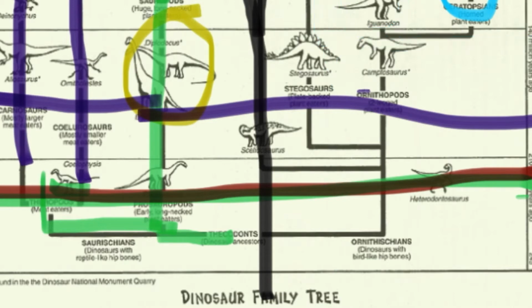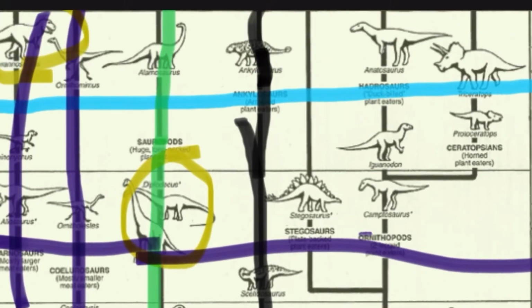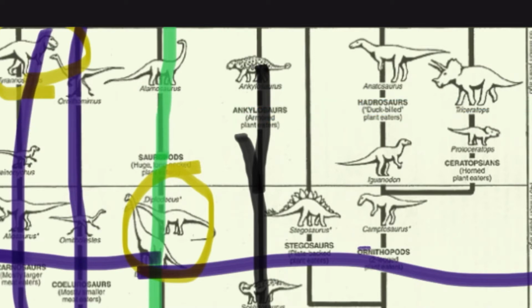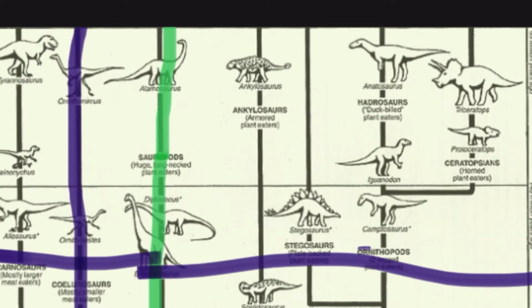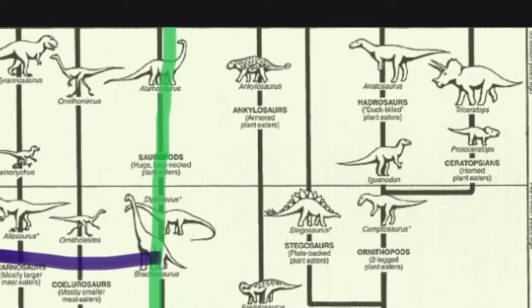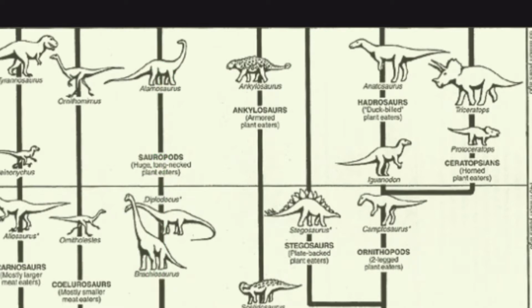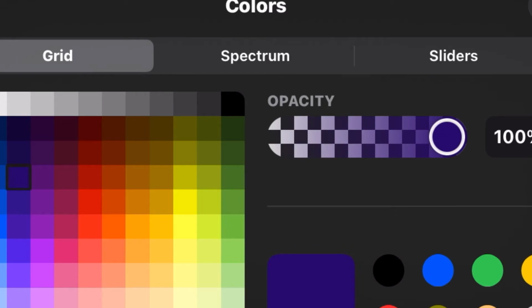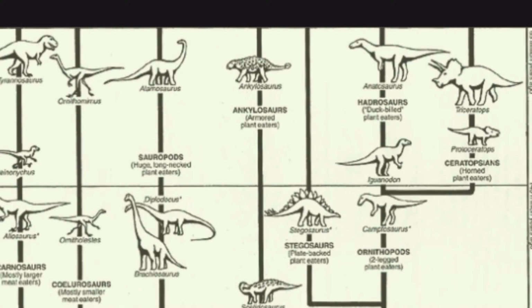So, that part is... So, obviously, you can see a lot less sauropods in this. Like, see how... you go down to the Cretaceous period. No, not the Cretaceous. The Jurassic period.